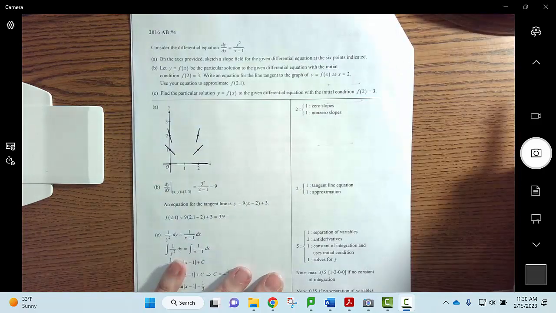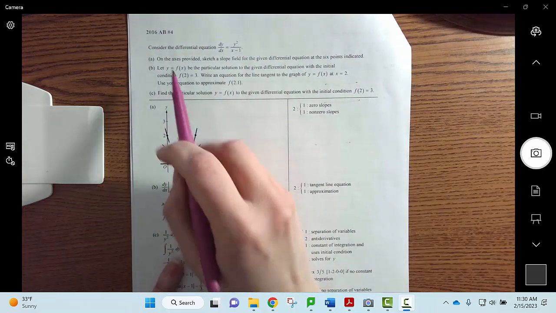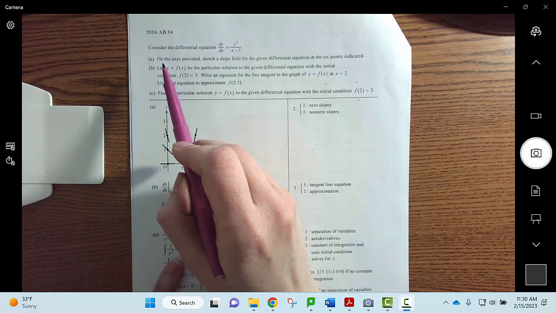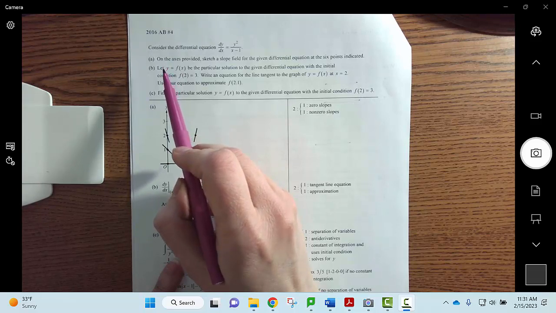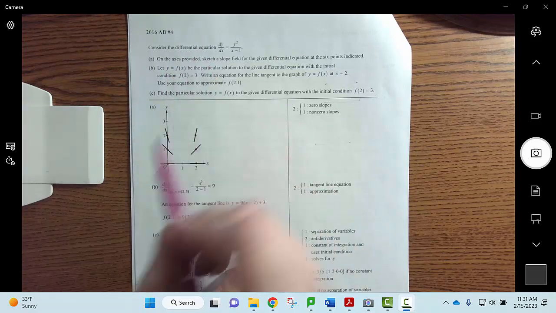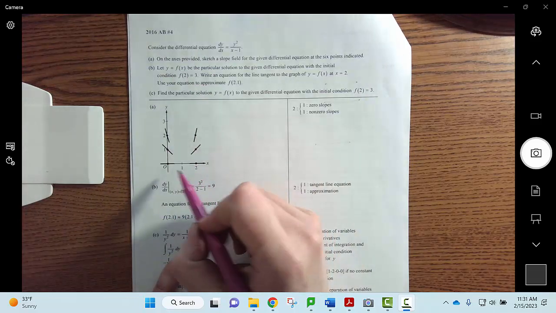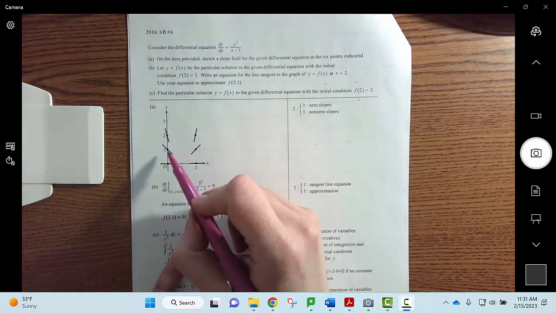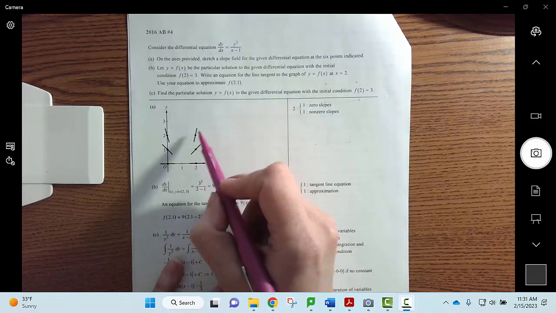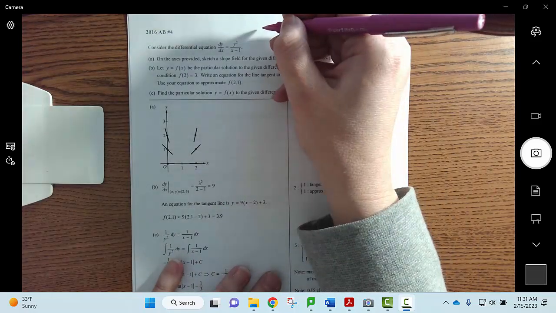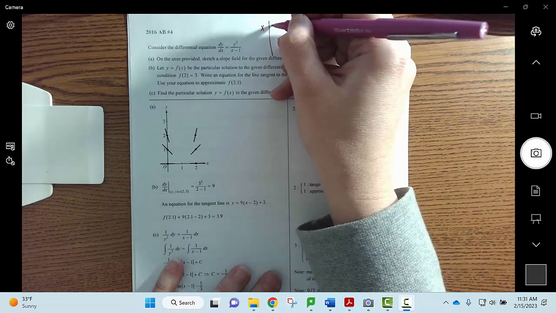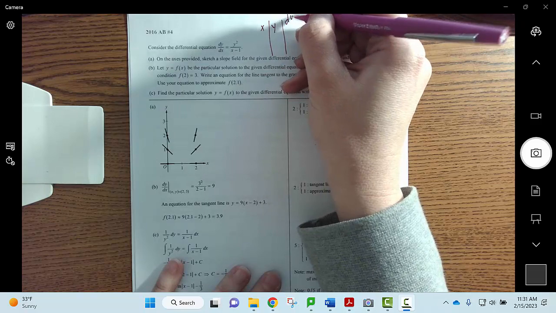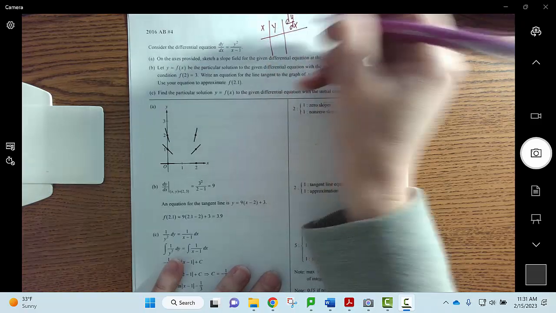This is an example of one where they actually ask you to do a slope field. So on A, it says, on the axes provided, sketch a slope field for the given differential equation at the 6 points indicated. You can see here that there's 1, 2, 3, 4, 5, 6. What I tend to do, especially when there's x's and y's, is do that in a chart just to keep track.